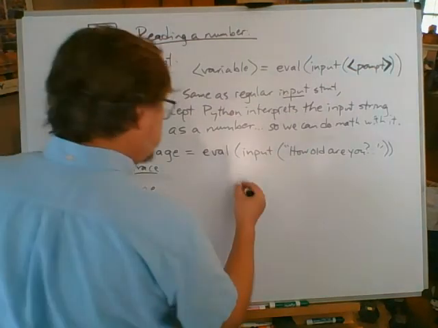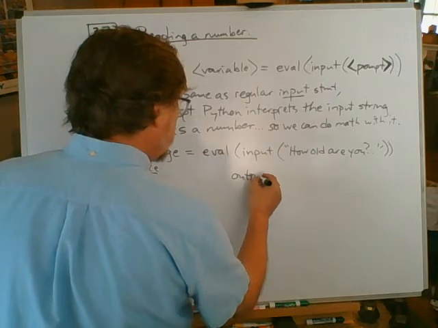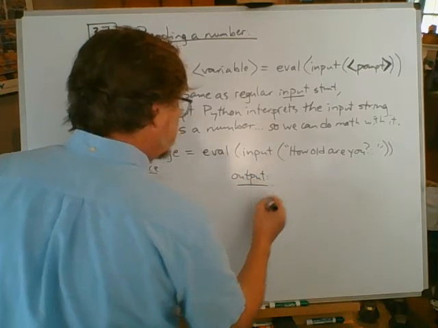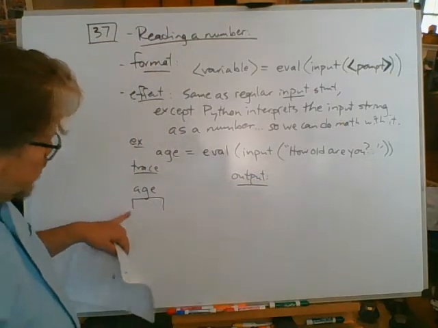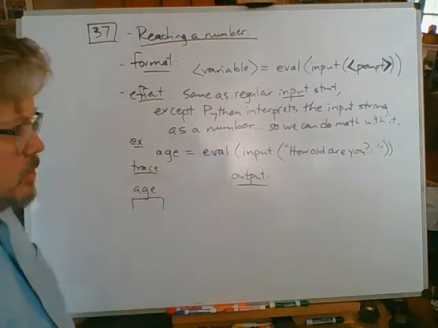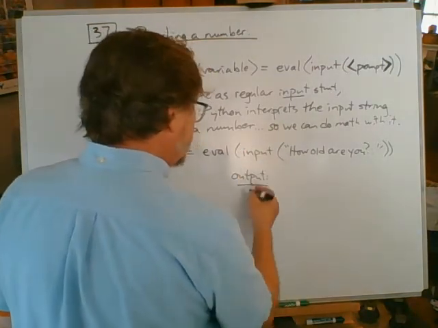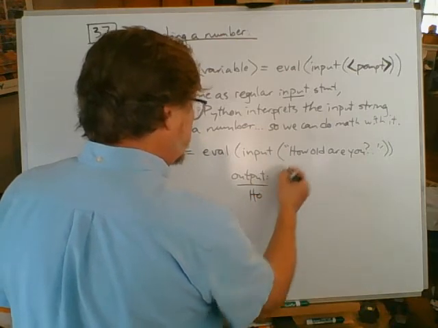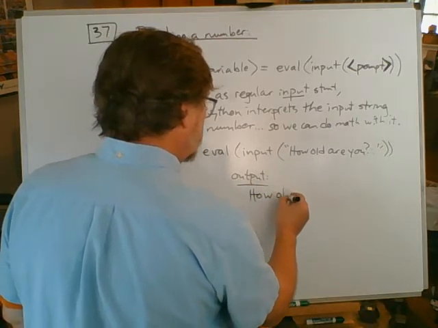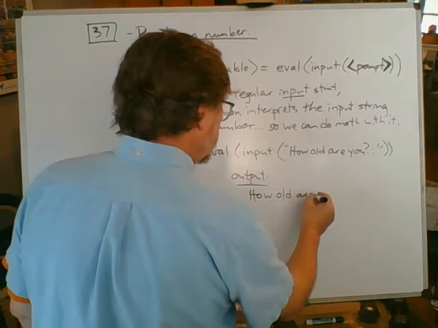And we've also got to keep up over here with the output because we want to know exactly what the computer's going to do with that. And for that, we've got to know what's going on in memory, and we also got to know what's supposed to show up on the screen. How old are you will be printed to the screen because of our input statement here, and it's printed without the quotes. How old are you?